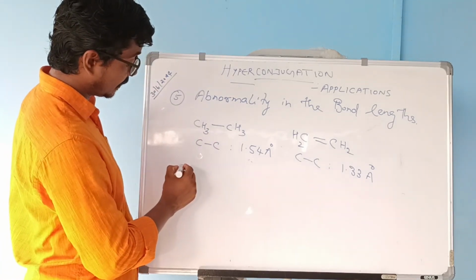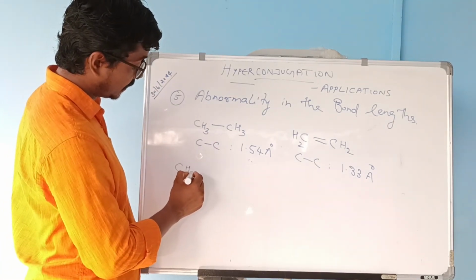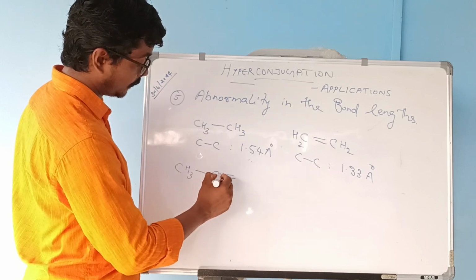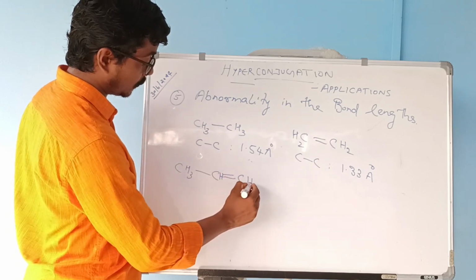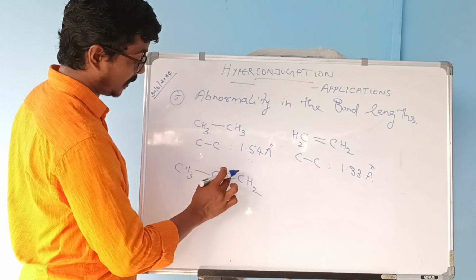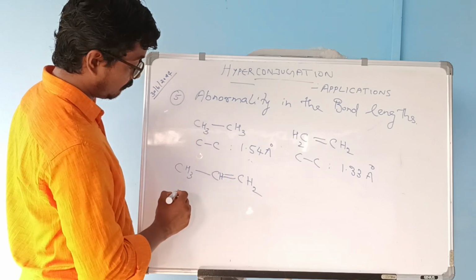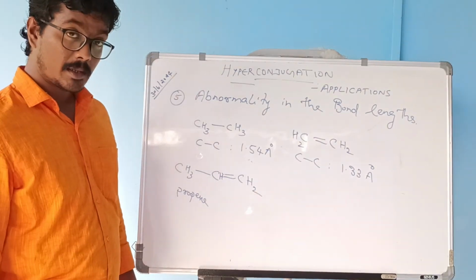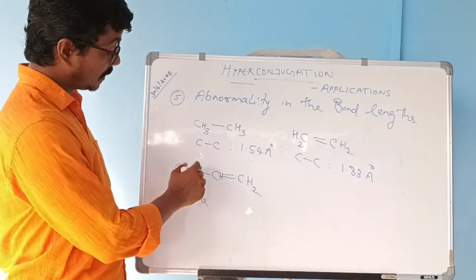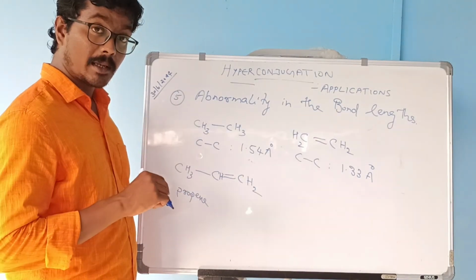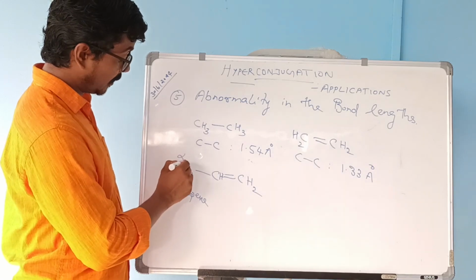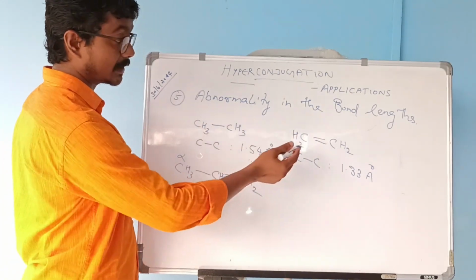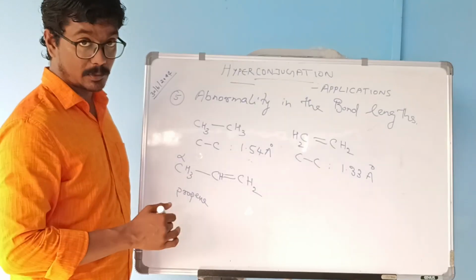When we consider the example of CH3-CH=CH2, this is propene. Here there is a possibility of hyperconjugation because an alpha carbon is there, with 3 alpha hydrogens. In the previous two cases, no hyperconjugation is possible.